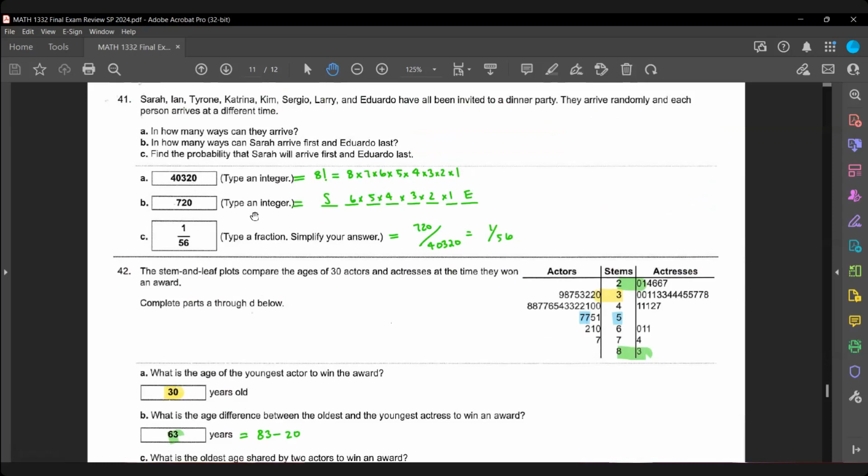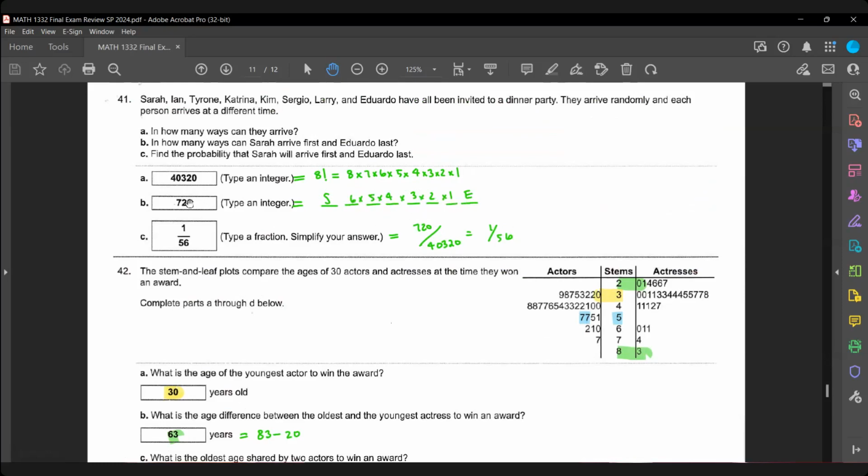The total is 40320. It says that Sarah and Eduardo must be first and last. But what happens in the middle? Well, since 2 people are already set, that means that 6 people are available to arrive second, 5 will be able to arrive third, 4 will be able to arrive fourth. You get the idea.